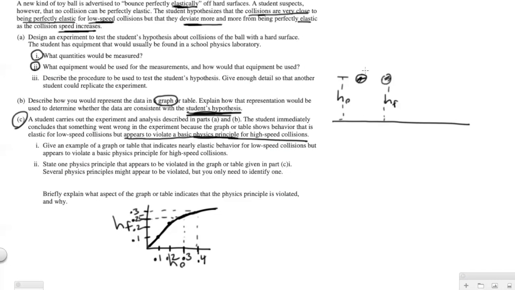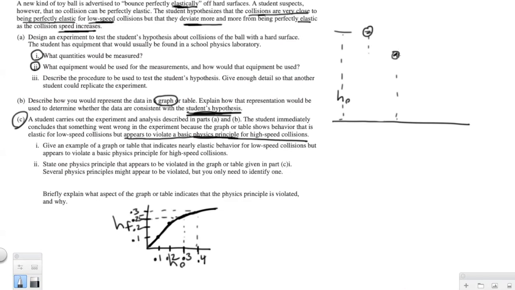But then as we drop it from a higher height, so let's move this up. Now we drop the ball from a higher drop height, it comes down, the ball hits the ground, and it rebounds up, but it doesn't return to the same height.